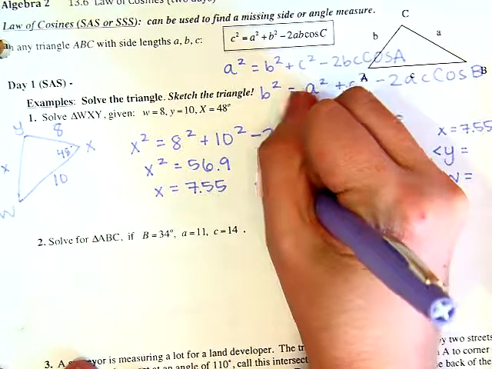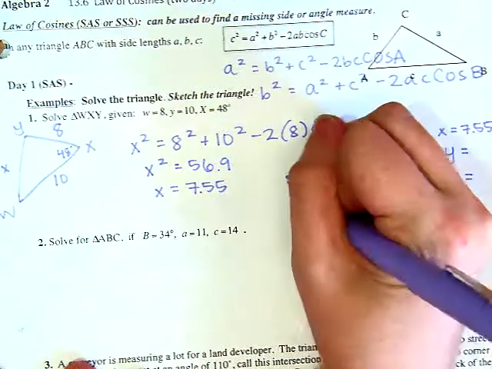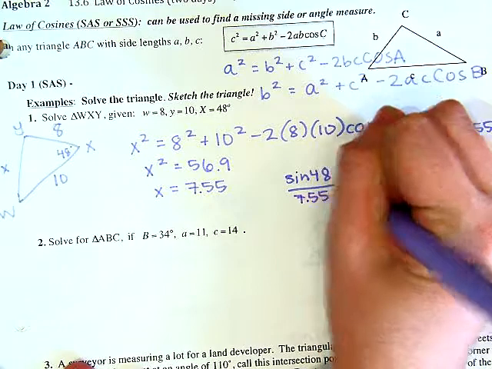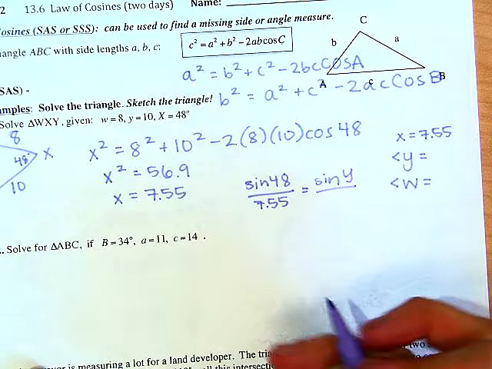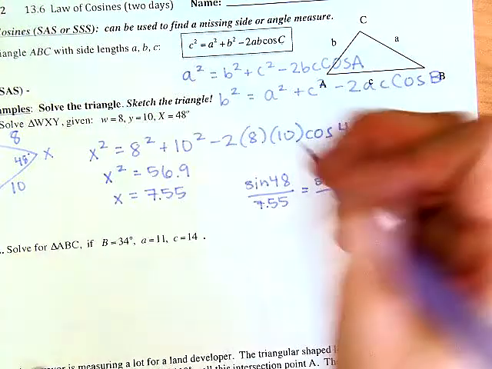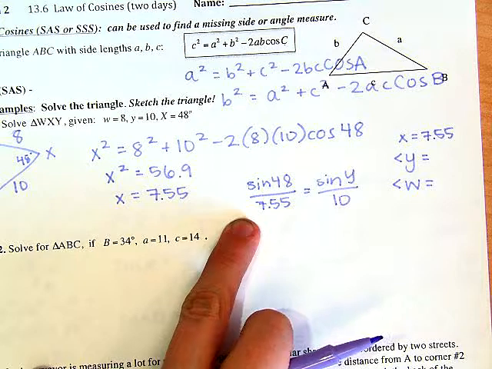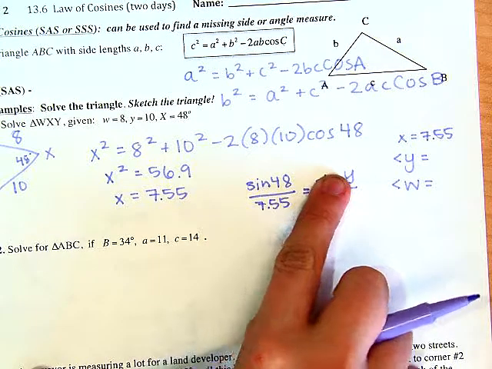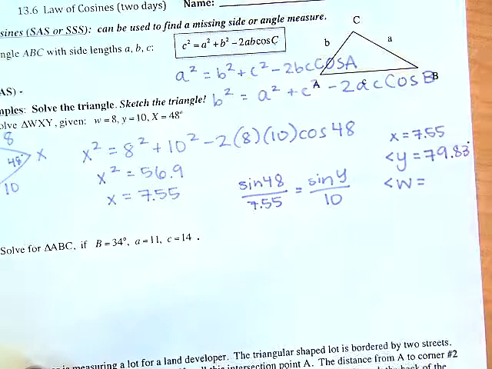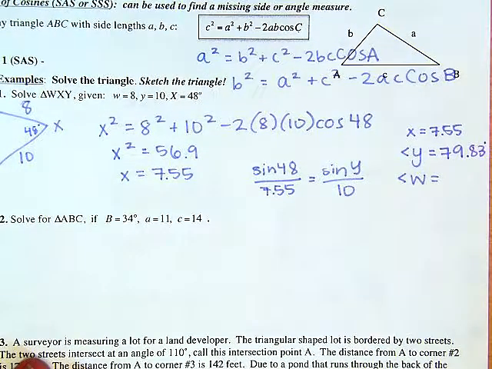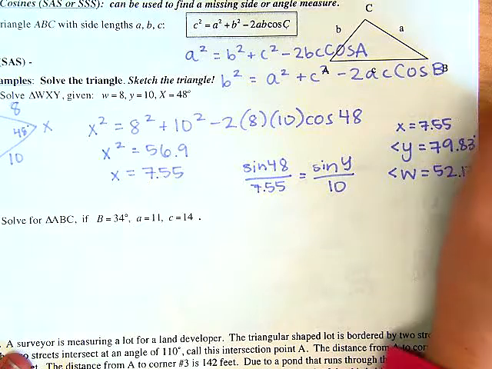So I'm going to do sine 48 over 7.55 equals sine y over my side that goes with y, which is 10. Now I get to cross multiply, inverse that thing, and I get y is 79.83 degrees. Once I have 2 angles, I can find the third one, 52.17.